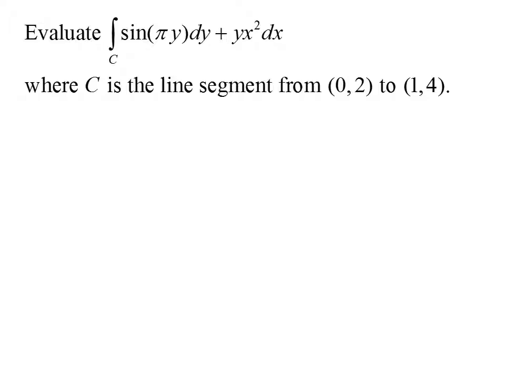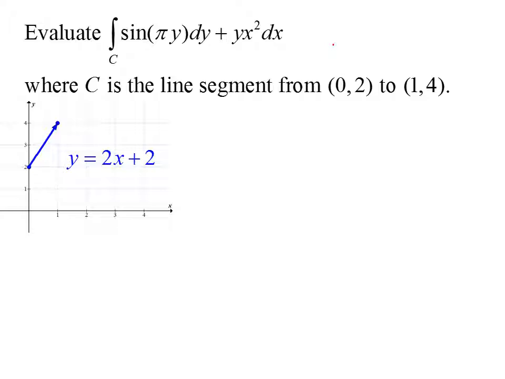These are actually easier to compute because we don't really have as hard a time with our parameterization. We can simply take the description of the line segment, write that simply as a function. For example, this line could be written as y equals 2x plus 2, the line with a slope of 2 and a y-intercept of 2.